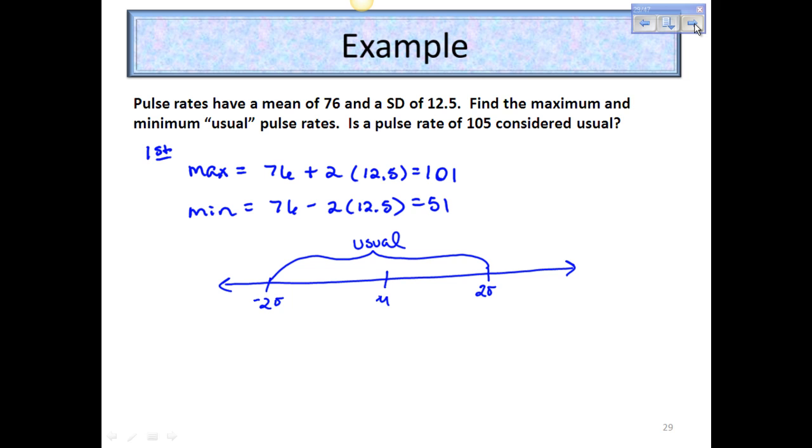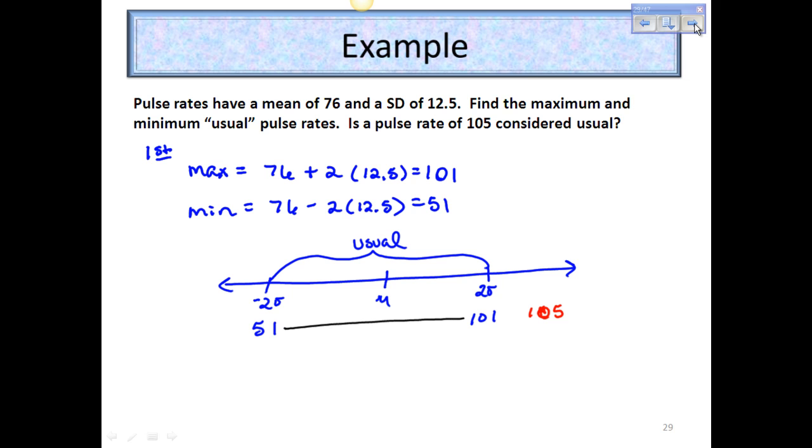Now, for this, our values were 51 as a minimum usual value and 101 as a maximum usual value. The value that we were comparing was 105. So it was outside that interval of values. Anything in between those would have been considered normal or usual.